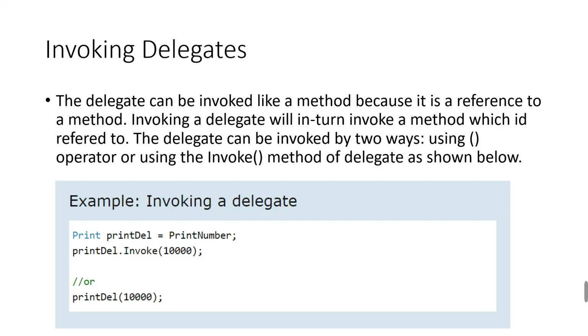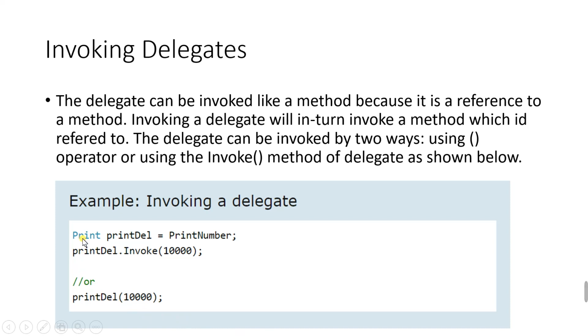So how can we invoke the delegates? Delegates can be invoked directly. If you are making the object of the delegate and you are passing the delegate object with the parameter, then it generally calls all the methods that are matching with the signature, right? And there is one function that is invoke.